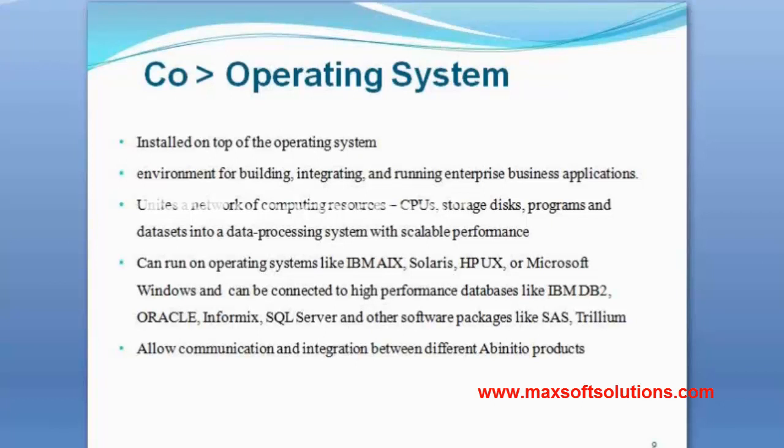It can run on operating systems like Unix, Windows, and it can connect to all the available databases till now, like Oracle, DB2, Teradata, Greenplum, Netezza, every other newest database available.